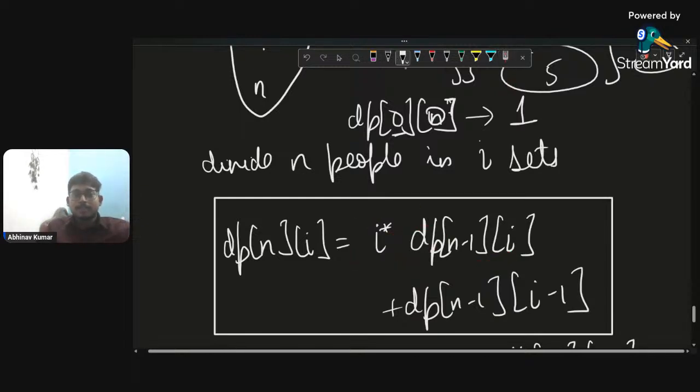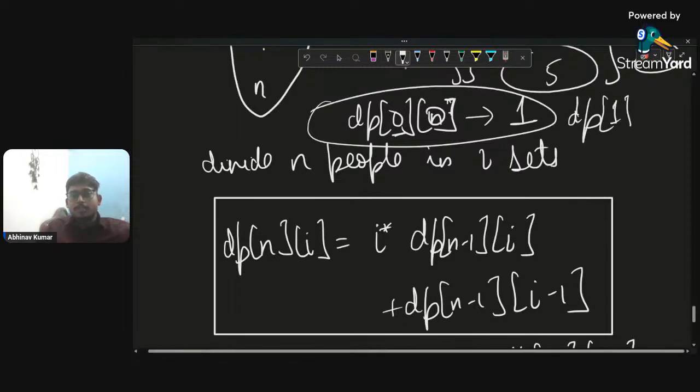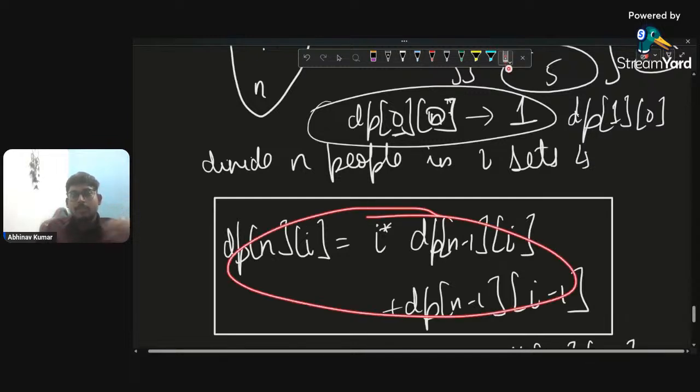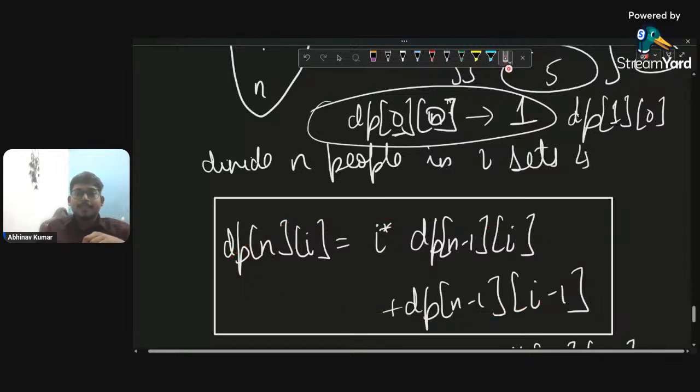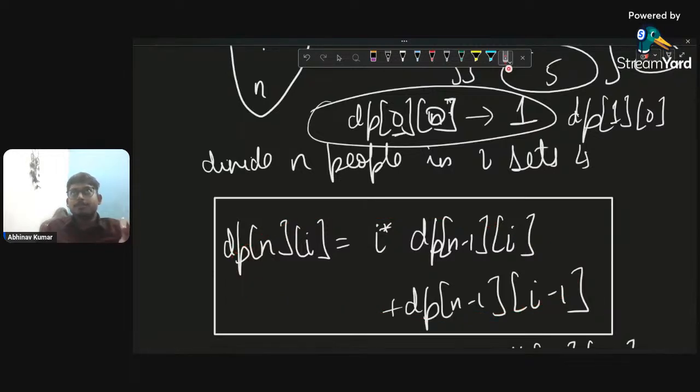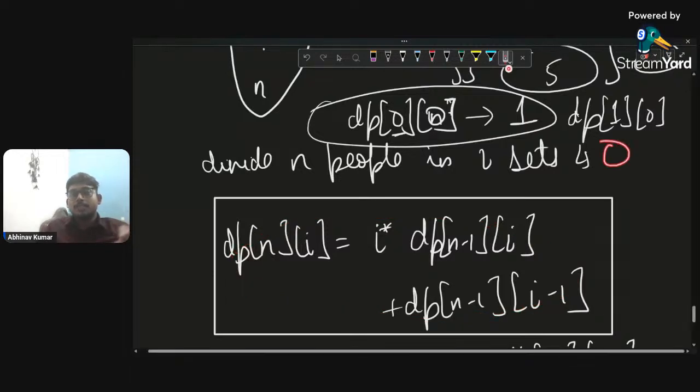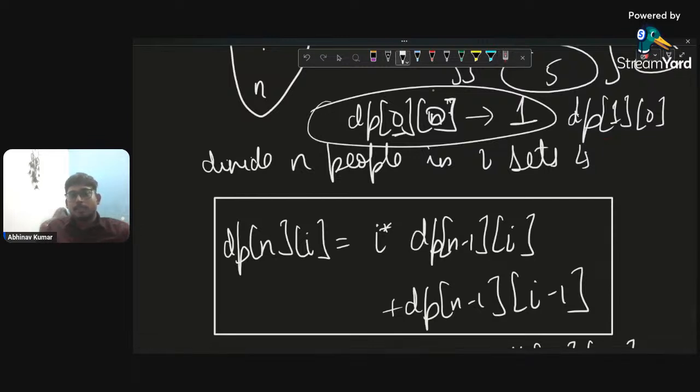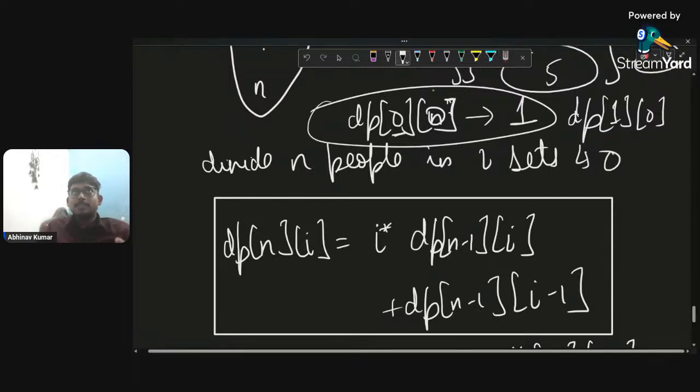For extra safety you could also have written more base cases like dp[1][0], if you did not understand how through the transition only those would be computed. If you write dp[1][0], there is one person divided into 0 sets, so there would be 0 ways to do that, because if there is one person, they should be placed in one of the sets. So you can write dp[i][0] as 0.